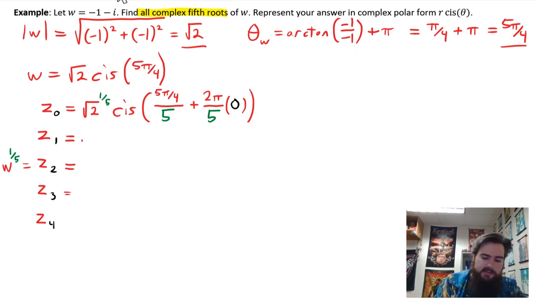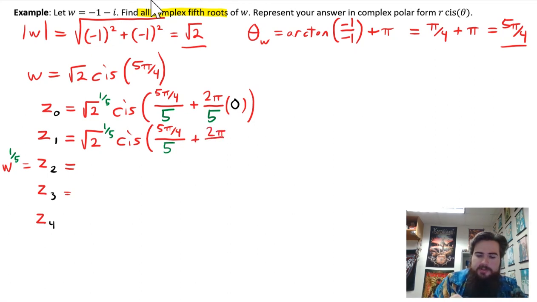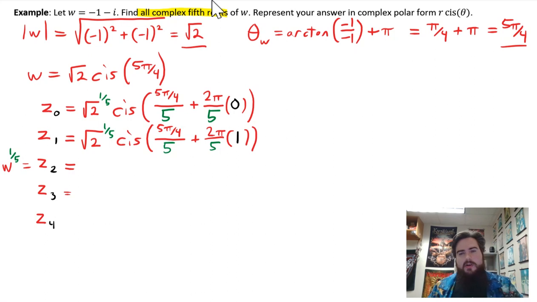So for example, the next solution will be square root of 2, again to the 1/5 power, times cis of 5 pi over 4 divided by 5 yet again, plus 2 pi also divided by 5. But this will now be multiplied by the subscript of 1 that we have on z.